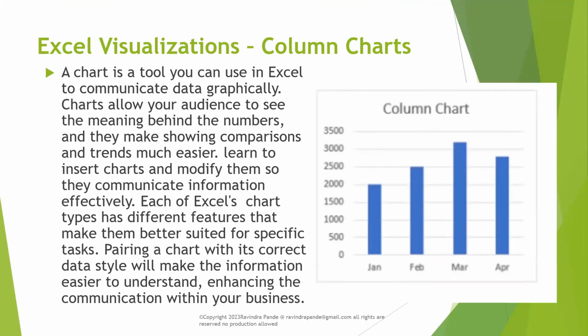Here the chart is not labeled: January has reached 2000, February 2005, March between 3000 and 3500, and April somewhere around 2700.